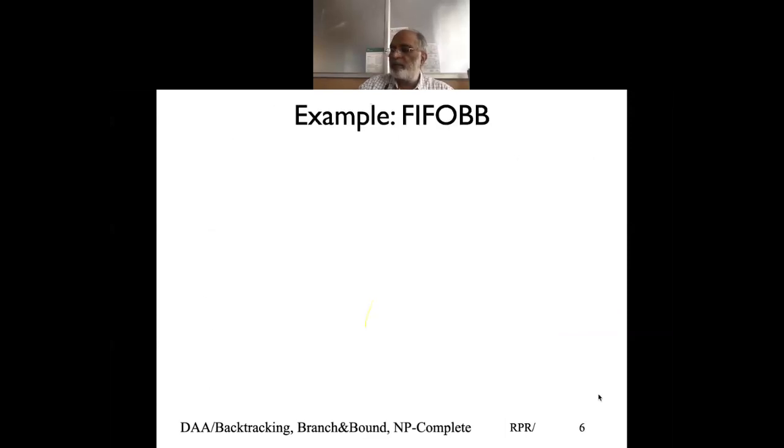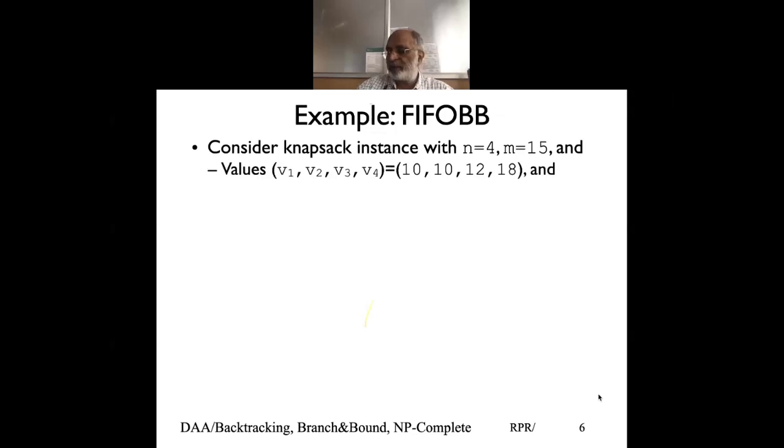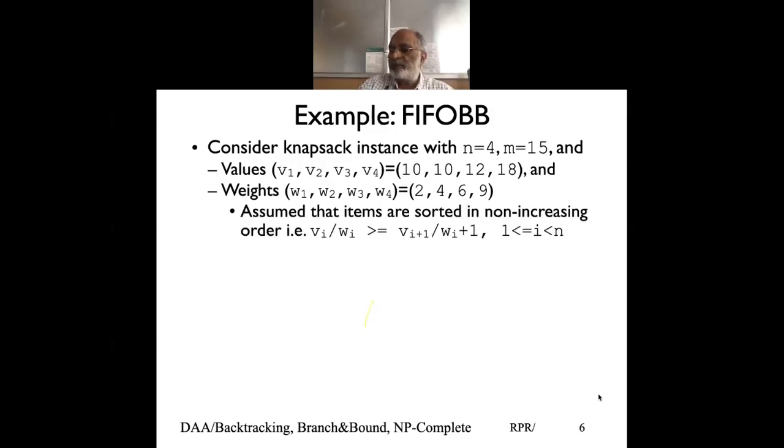Essentially we'll take the example from yesterday: 4 items, each having a value of 10, 10, 12, and 18. The knapsack capacity is 15, and the respective weights are 2, 4, 6, and 9. To get a better estimate on our upper bound, we sort the items by the ratio of v_i divided by w_i, that is, value per unit of weight, so that I can do my estimations much more easily.